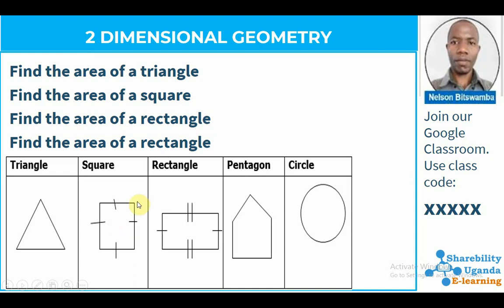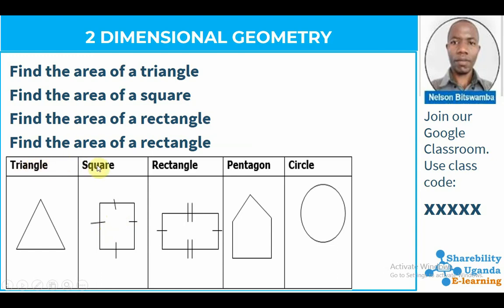But for now, we shall only be talking about how we can find their areas. When we talk about their areas, that is the area which is covered by that shape. We shall also be able to figure out the areas of different shapes. If it is a triangle, how do you get its area?